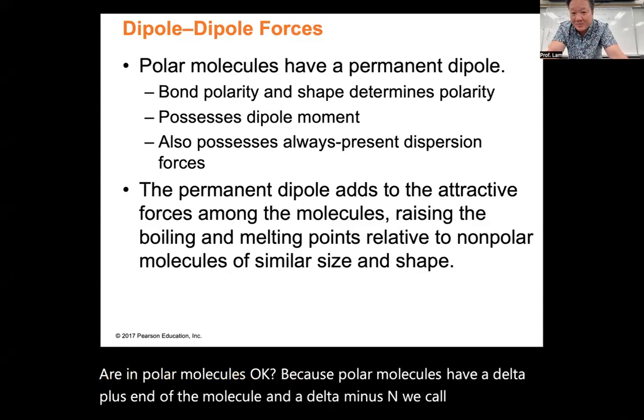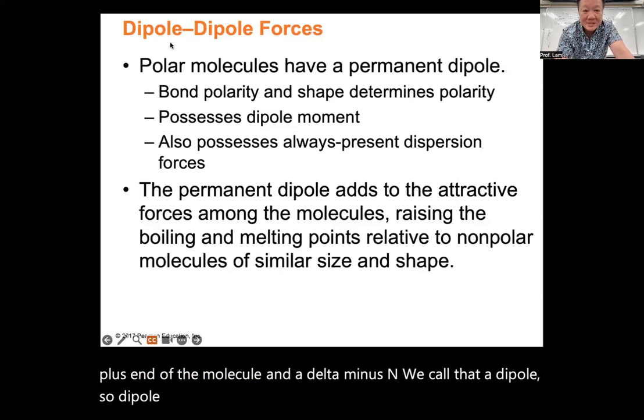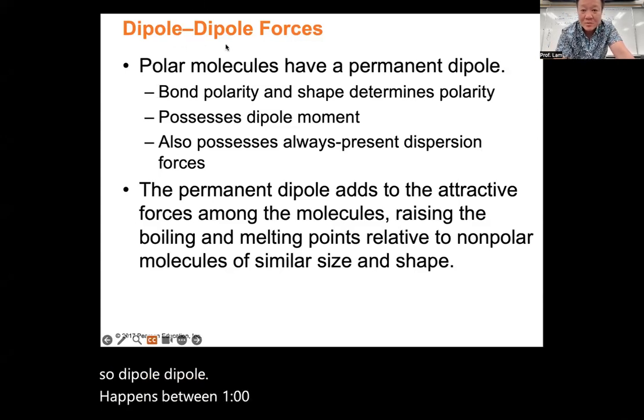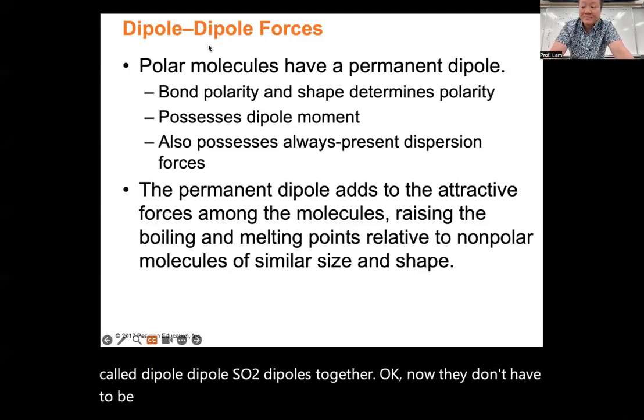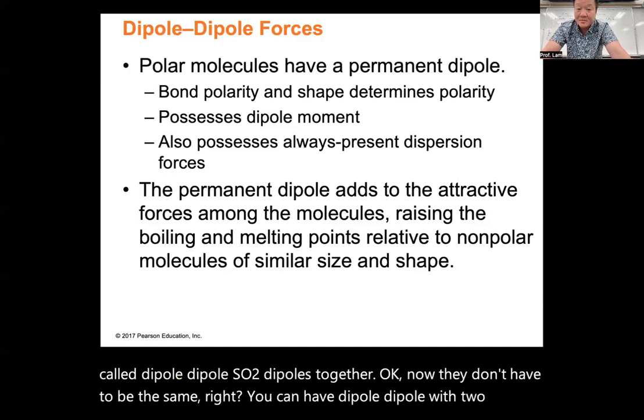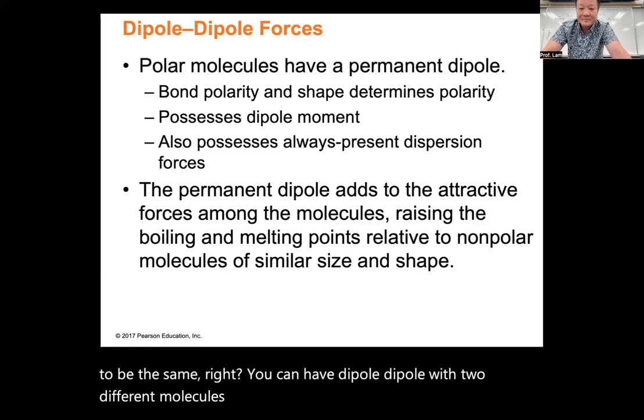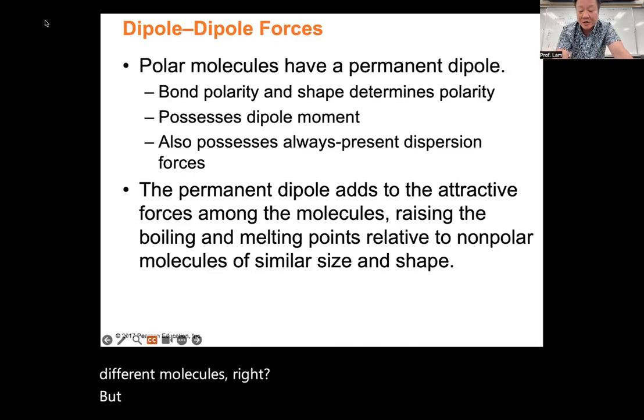We call that a dipole. So dipole force happens between one dipole and another dipole. That's why it's called dipole. Now, they don't have to be the same; you can have dipole forces between two different molecules.